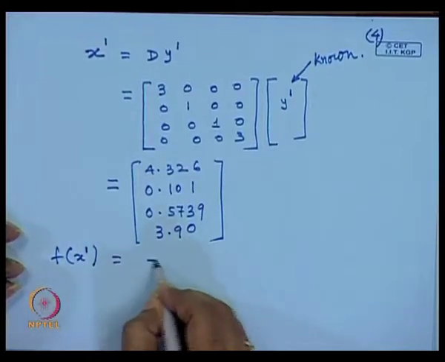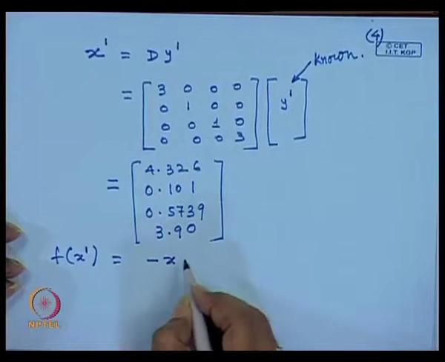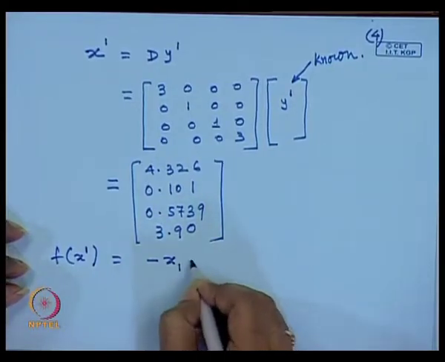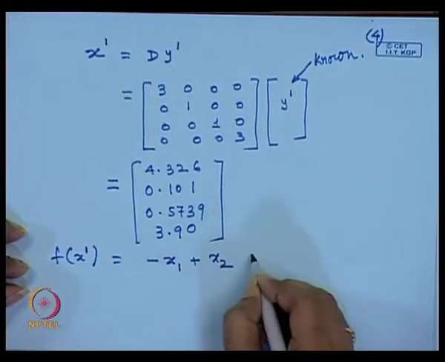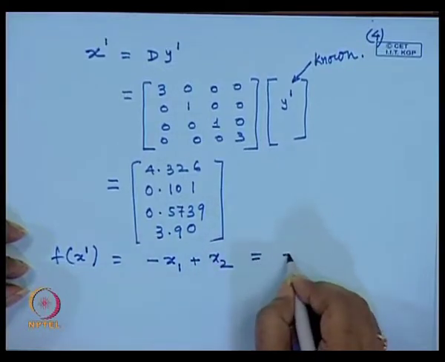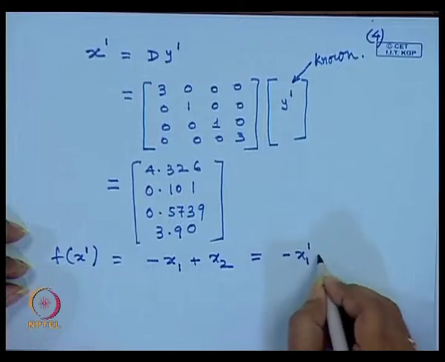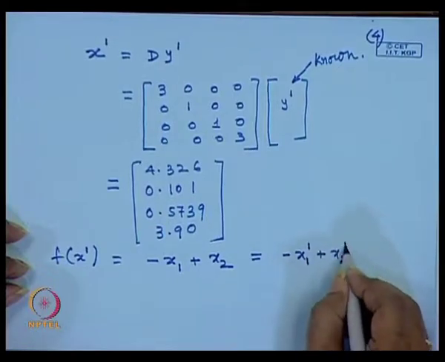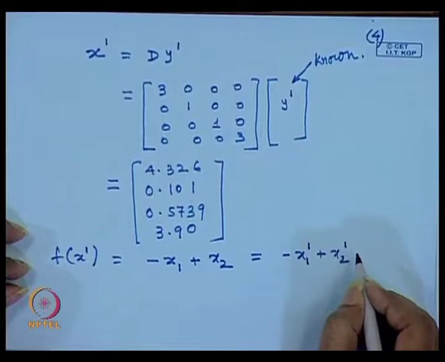This value is minus x 1 plus x 2. What is the value now? Minus x 1 of superscript 1 plus x 2 of superscript 1. This superscript indicates the iteration.